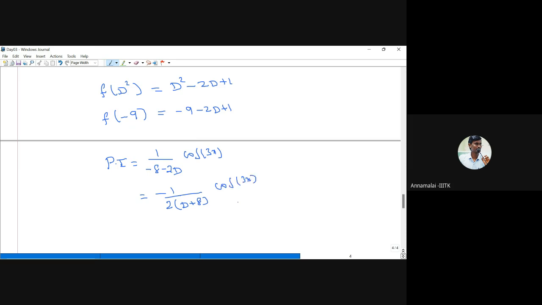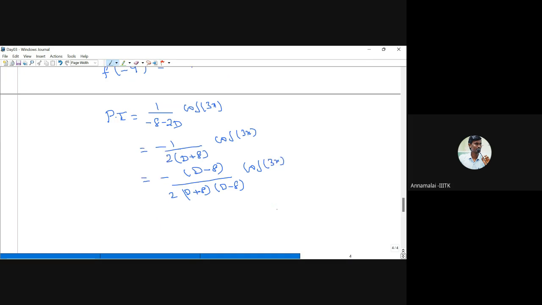You multiply and divide by d minus 4. Therefore, in the numerator we have d minus 4, and the denominator already has 2 into d plus 4. We multiply that d minus 4 into cos of 3x. Now the denominator is a plus b into a minus b format, therefore a square minus b square.